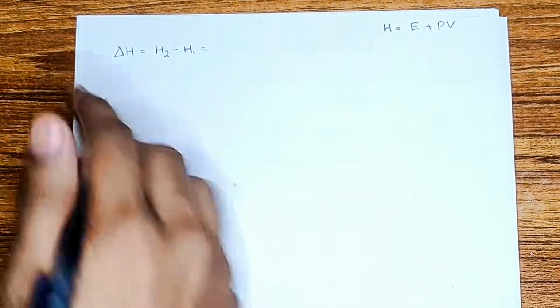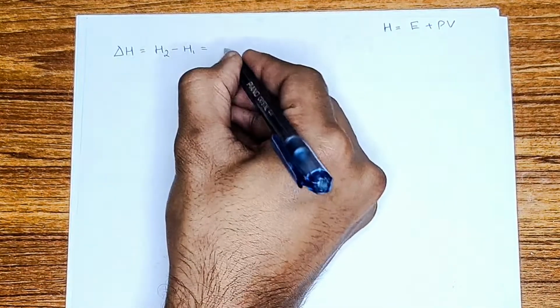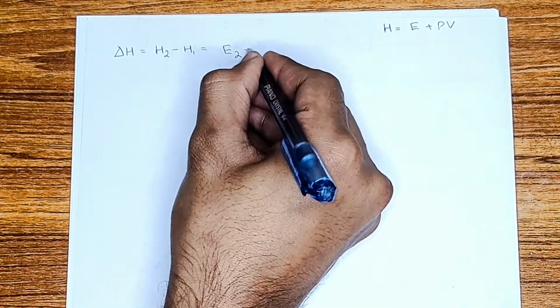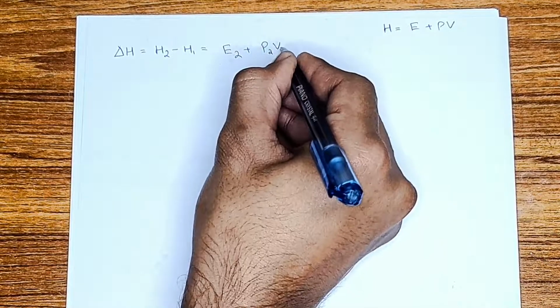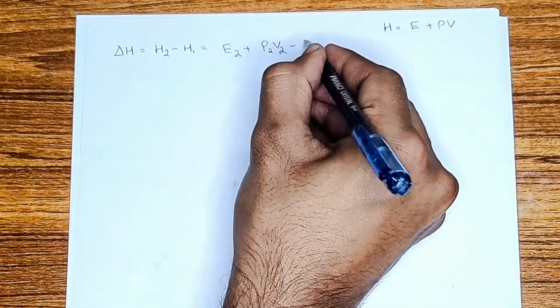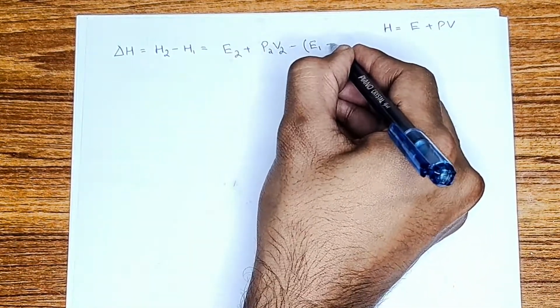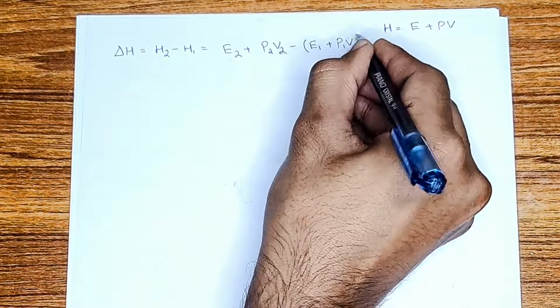So H2 minus H1. First you have to write the value for H2. H2 value will be E2 plus P2V2, and similarly minus H1. I just have to write the value for H1, and that will be E1 plus P1V1.